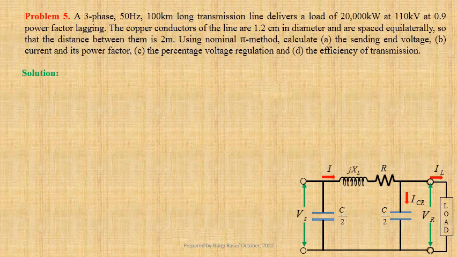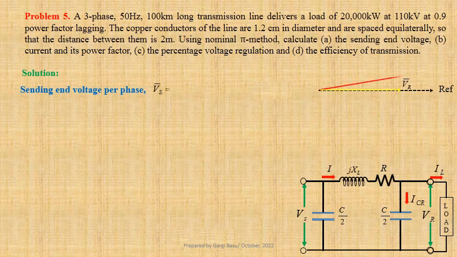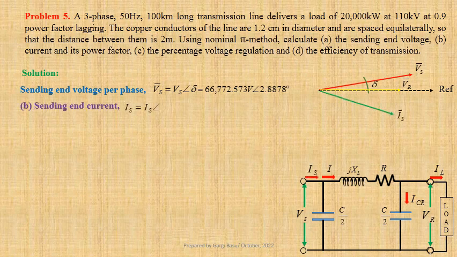We have obtained sending end voltage per phase, Vs equals 66,772.573 volt at an angle delta equals 2.8878 degree, and sending end current Is equals 109 ampere at an angle minus 16.686 degree.